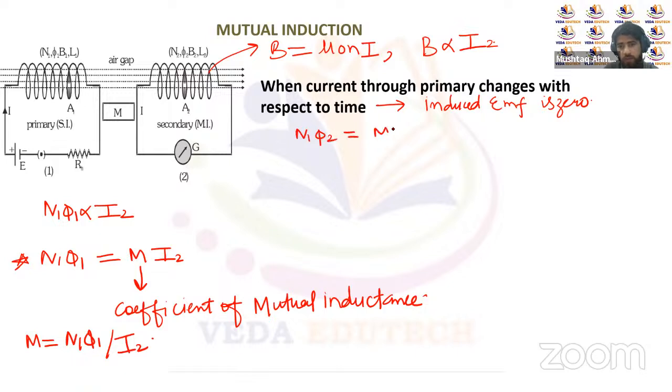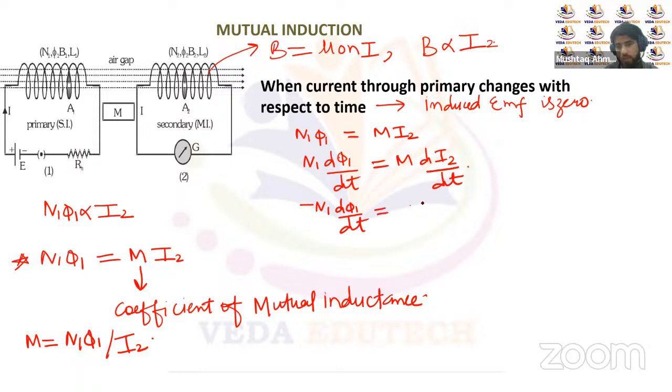If we take the derivative on both sides with respect to time, it will be N1 dPhi1 upon dt, and that will be equal to M times dI2 upon dt. So this is the equation upon taking the derivative on both sides. If we multiply on both sides with a negative sign, we'll be left with minus N1 dPhi1 upon dt.